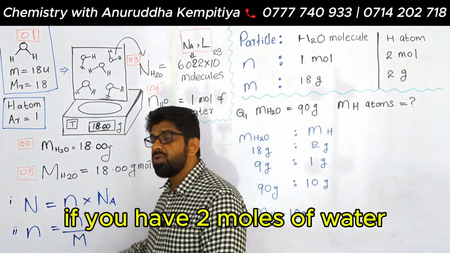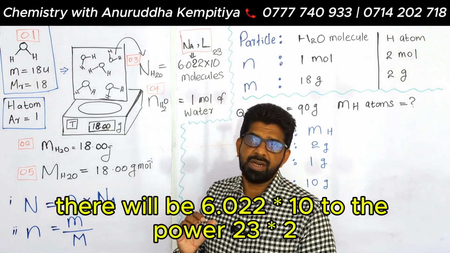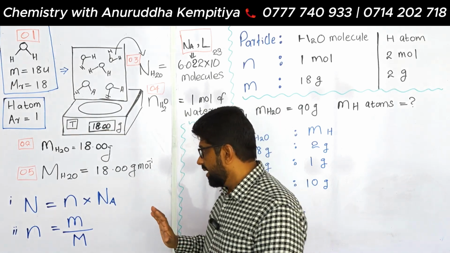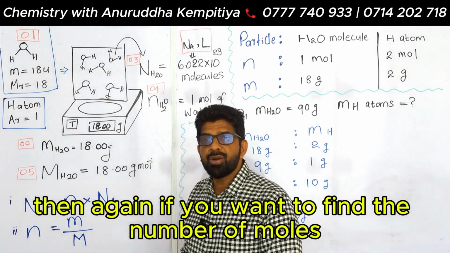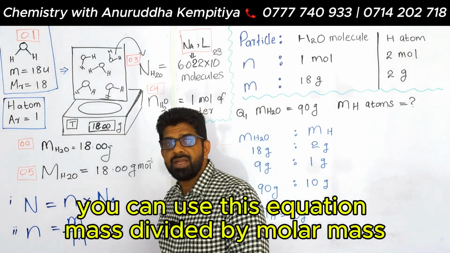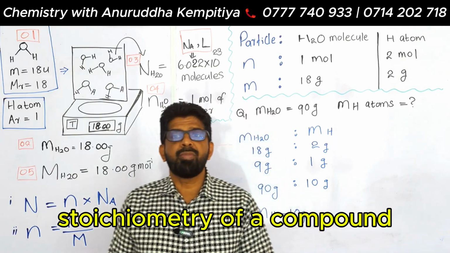If you have 2 moles of water, there will be 6.022 times 10 to the power 23 times 2. Again, if you want to find the number of moles, you can use the equation mass divided by molar mass.